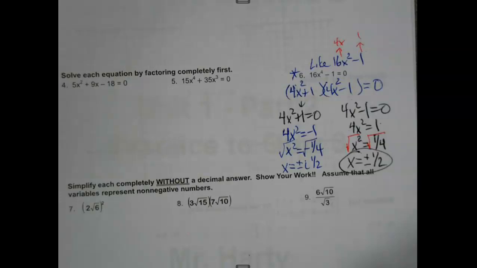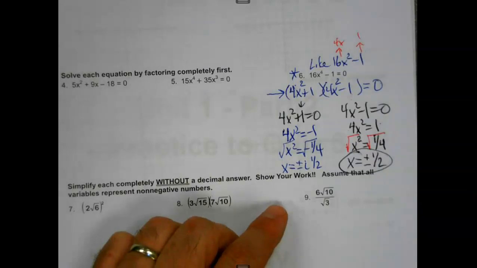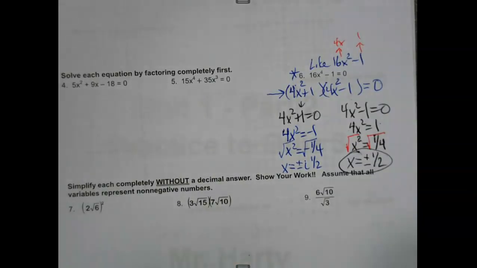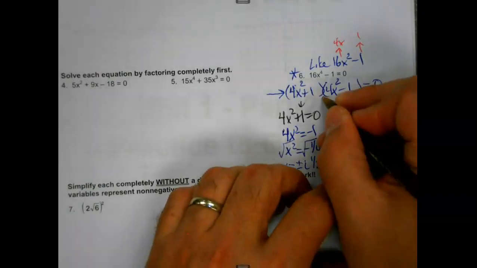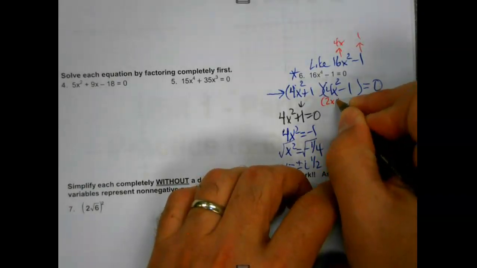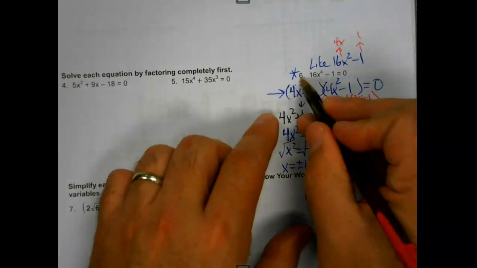But when you're on your quiz, and I'm going to say this again on quiz day, if you can get to this, or better yet, that's a difference of squares. You're like, crap, Hardy, I can break that down again.